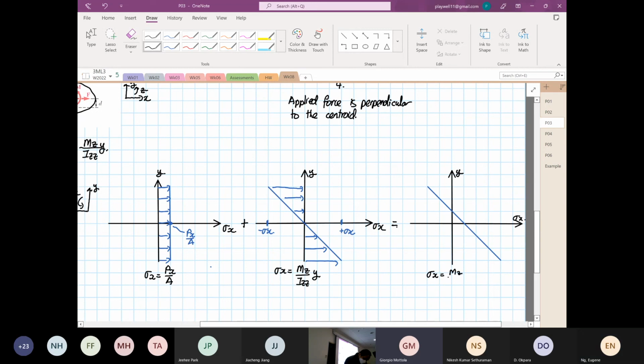Oh, no, I missed something. So this will be equal to Px over A plus Mz over Izz multiplied by y.